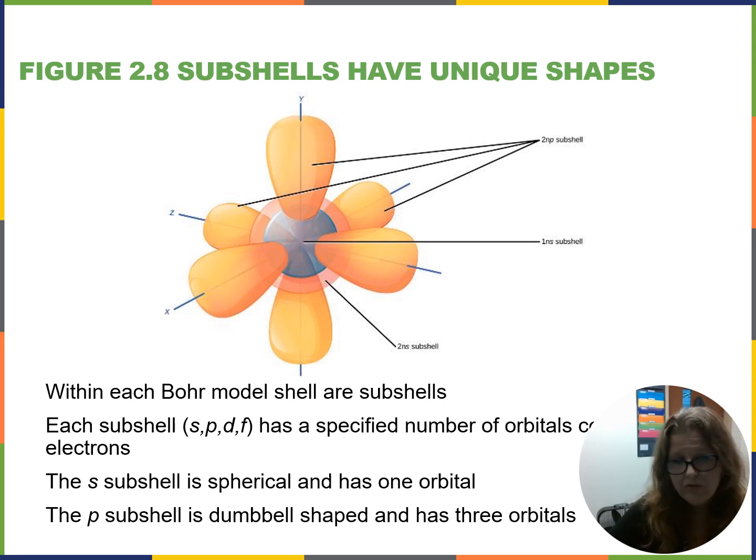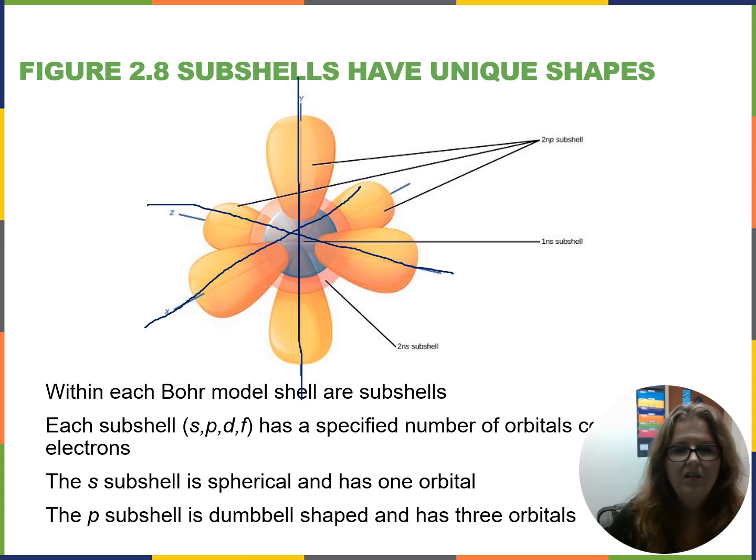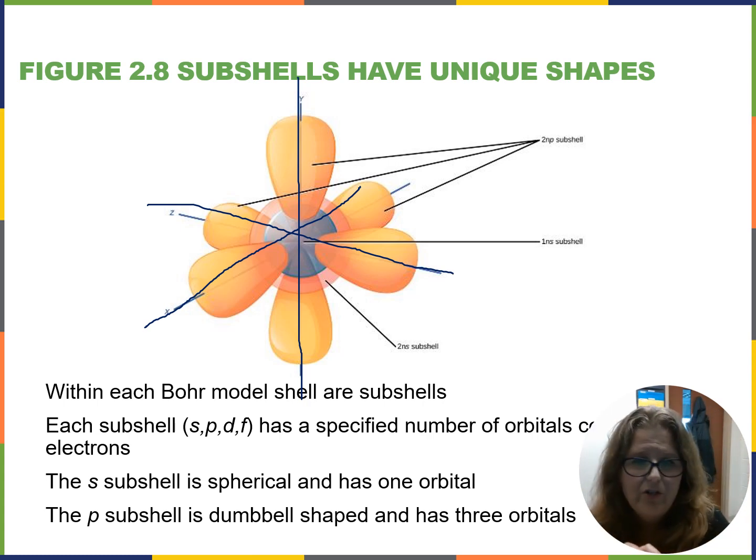The P is dumbbell shaped and it has 3 orbitals. And you can kind of see our planes here. We have our X, Y, and Z. So again, the S subshells are shaped like spheres, and both the 1n and the 2n principal shells have an S orbital. So that's the first 2 shells we were talking about in the Bohr model.